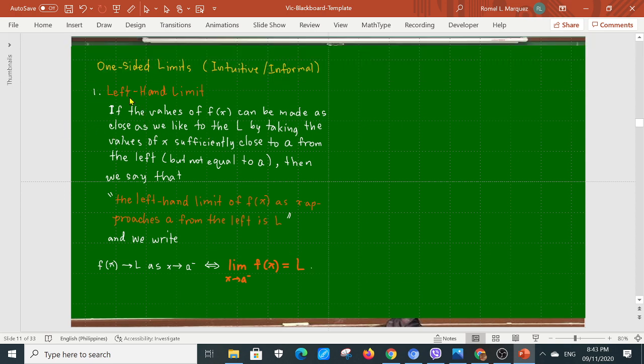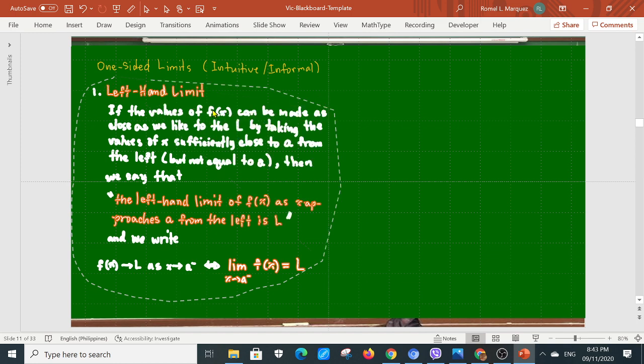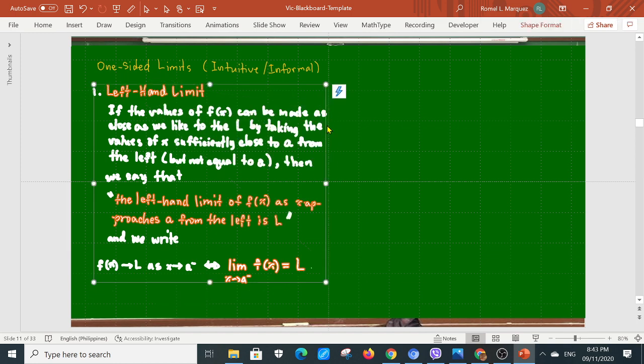So we just copy this and then change the left hand by the right hand. So for number 2, we just copy almost everything.